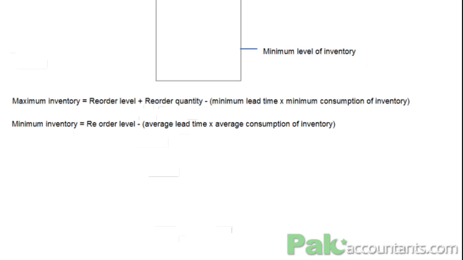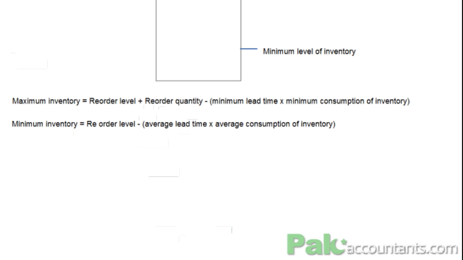Now you people must be thinking, what is this average and minimum lead time? Why would we have different average differences in consumption rates and lead times? We have three different kinds of lead time: maximum, average, and minimum. Maximum lead time is the worst possible situation for us, the maximum amount of time we expect an order to take to reach us.